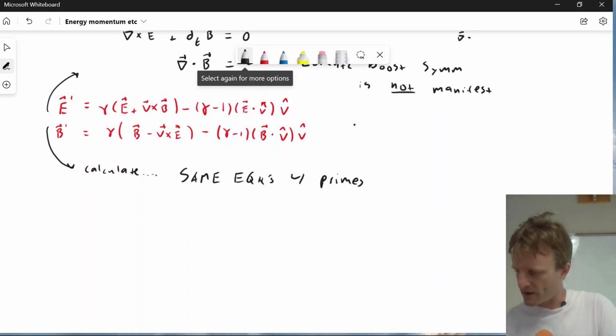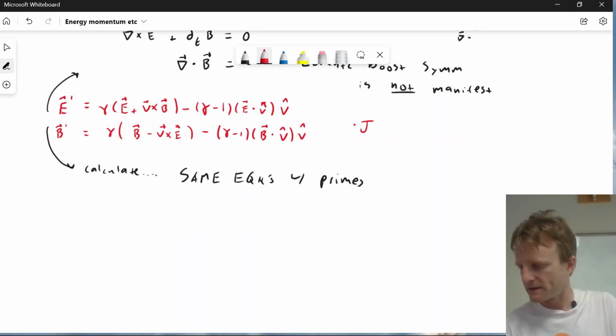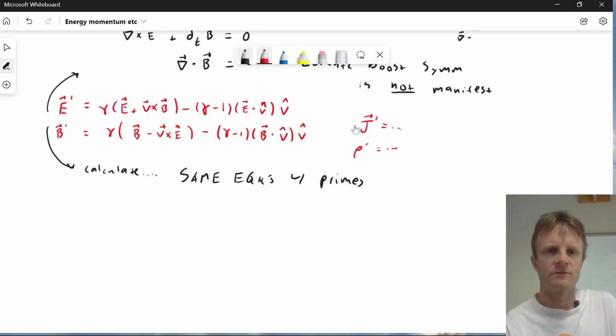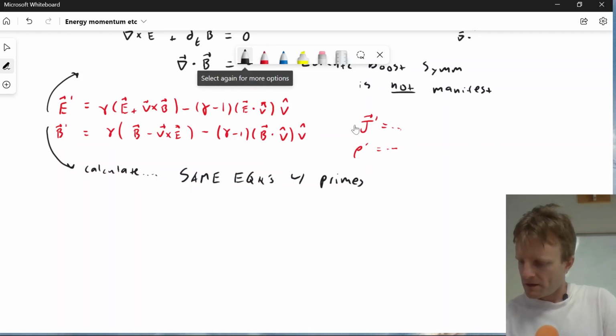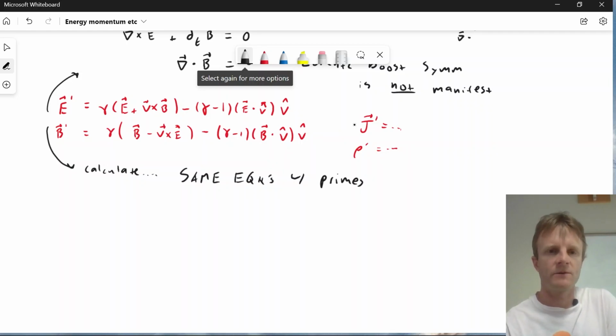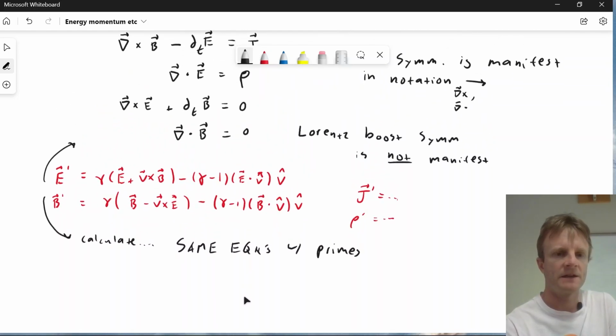All right, so let's see how we do that. I need transformation laws for J and rho as well in this case. I won't write them out, but since I put them in, they will also have transformation laws.